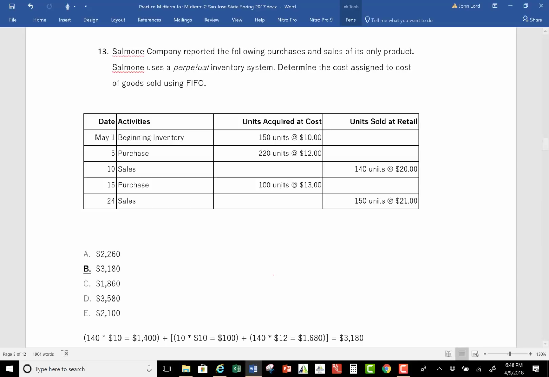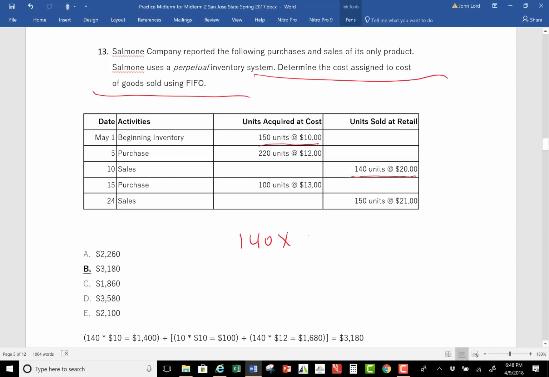Okay, number 13. And they want to know cost of goods sold using FIFO. First in, first out, right? So they tell me that they had beginning inventory. They purchased 220 more. They sold 140. Where did that first 140 come from? 140 times what?